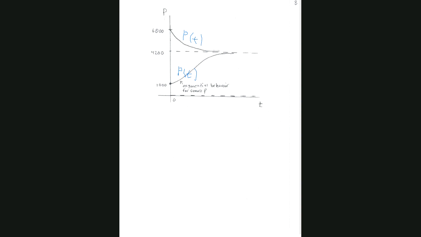So what I have here is the y-axis is population values. The x-axis are time values. And this is just sort of a general picture. We can't draw it exactly because we don't have a formula for our population function, but we can still qualitatively understand what solutions look like, even though we don't have a formula.